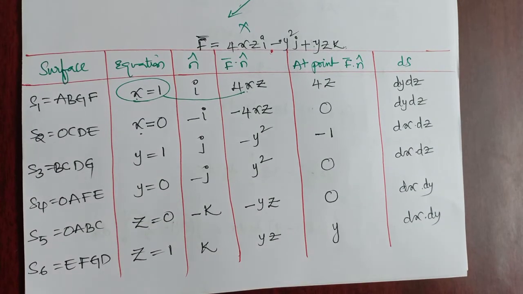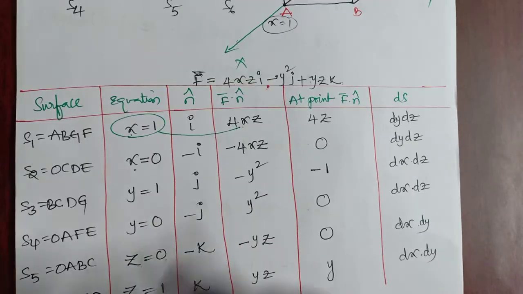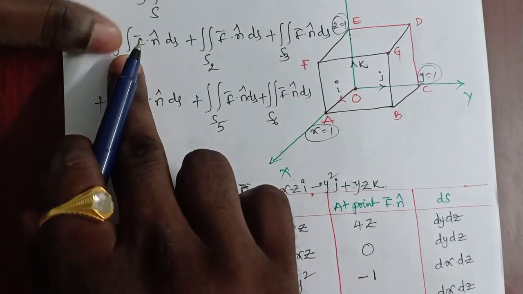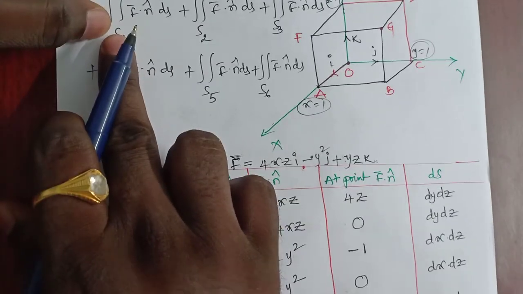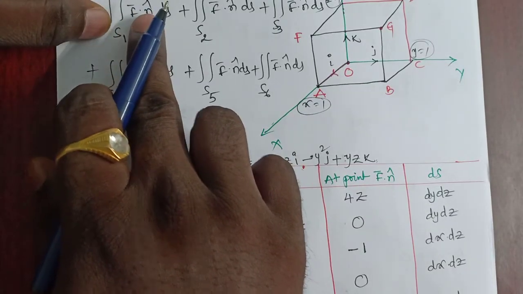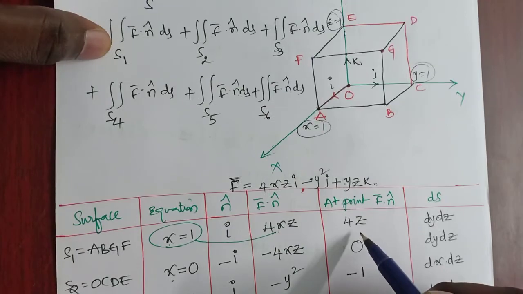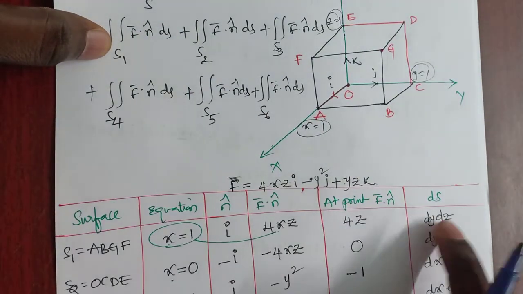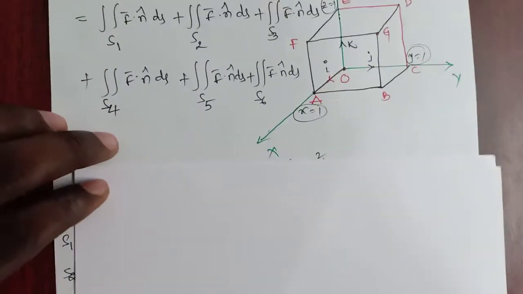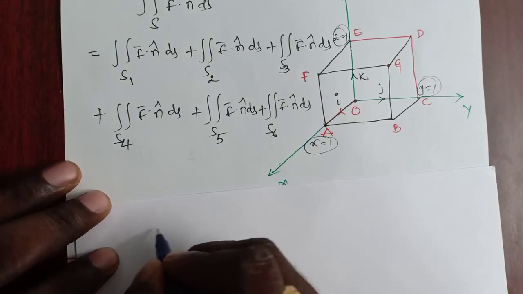Okay students, now coming to the solution. Coming to the six faces, S1. For S1, F bar dot n bar at this point is 4z, and dS is dy dz. Write it clearly.